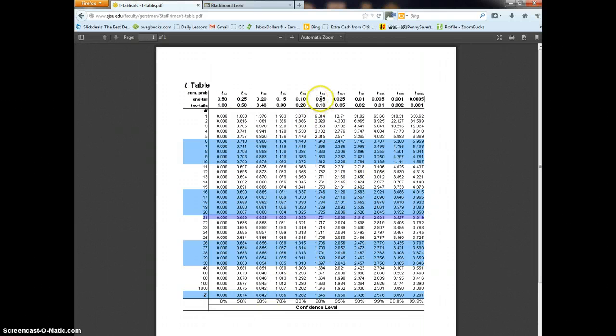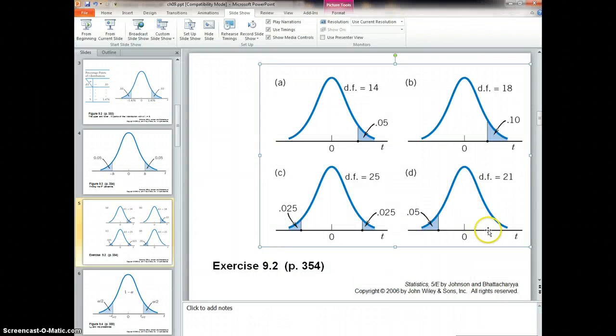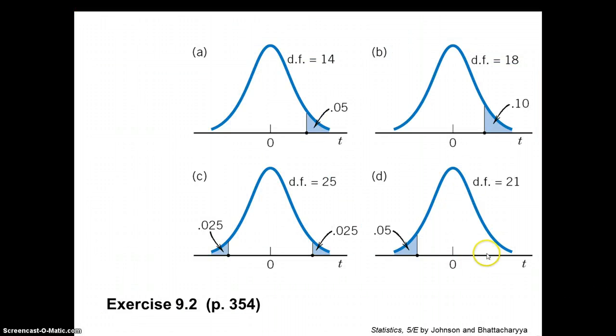So I go down and find out the answer is 1.721. Okay, so 1.721 is for this point right here, not this point, but we know it because of this symmetry. If this is 1.721, then this is negative 1.721. So that's how we find out this value. Of course, it's below 0, so it's negative.